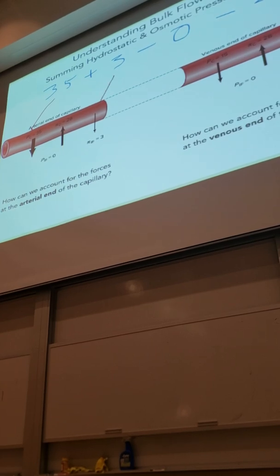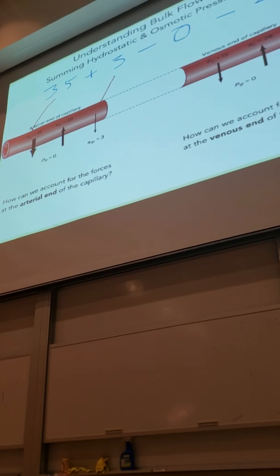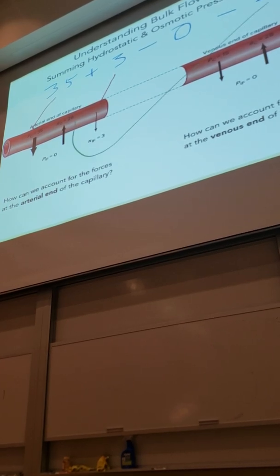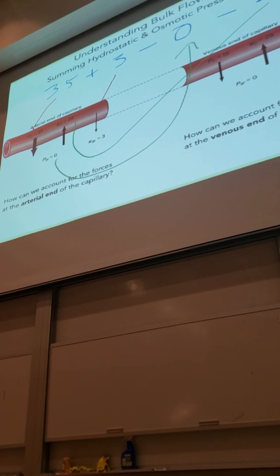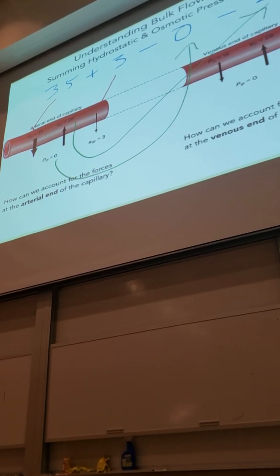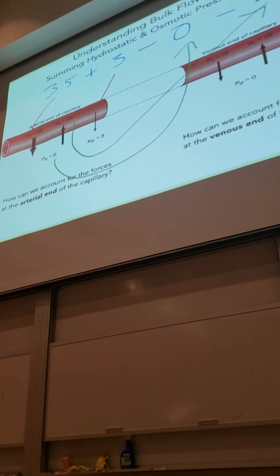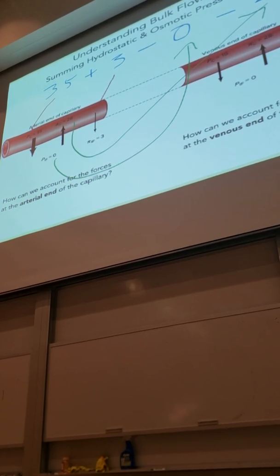35 and 3 are positive, they're pushing the fluid out. And then we have negative values. 28, 0. Okay. So conceptually, what we're doing is saying, we have a hydrostatic pressure in capillary blood, and we've got this little interstitial fluid osmolarity, both working in the same direction.